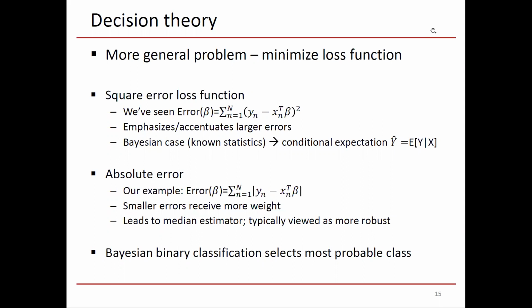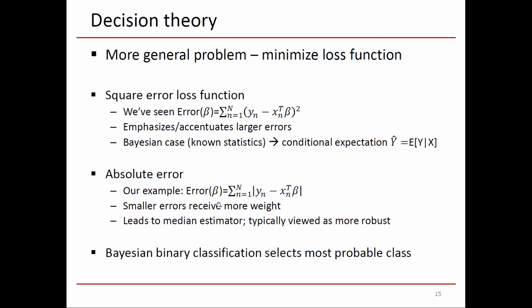What about other types of error? So I've already said that if we have, let's say, error to the power of 4, we're going to be overemphasizing the outliers. So what if instead of that, we look at absolute error, error to the power of 1, absolute value? So here's our example.